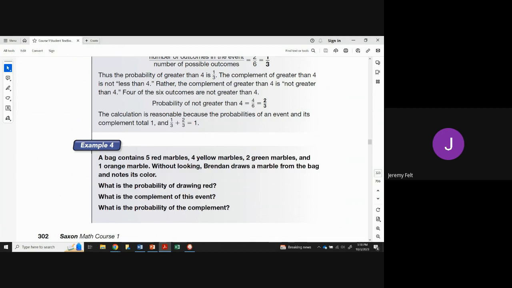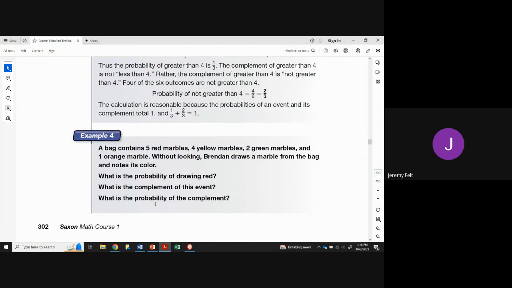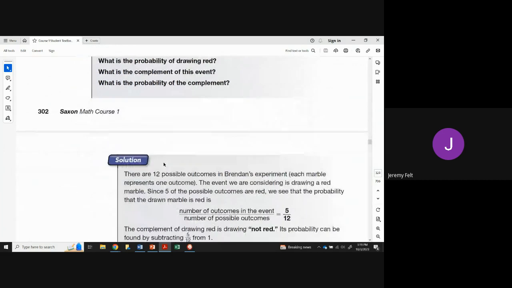The complement would be not red, which is yellow, green, or orange, which adds up to 7. So 7 in 12. 5 in 12 plus 7 in 12 add up to 1. The probability of the complement is 7 in 12, because if there's a 5 in 12 chance of drawing red, there's a 7 in 12 chance of not drawing red.